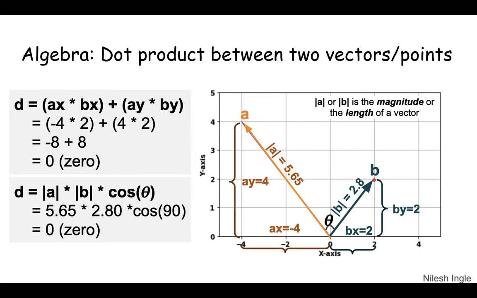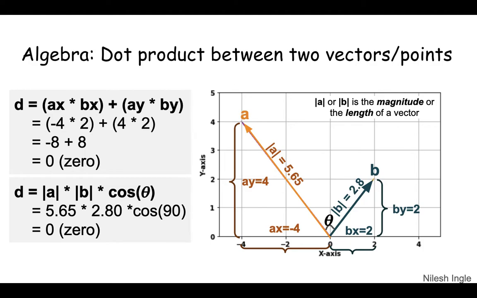Based on that, we can calculate the dot product between these two vectors A and B, and we get the value as 0. What a 0 value tells us is that those two vectors are orthogonal to each other, which means that they are perpendicular to each other.